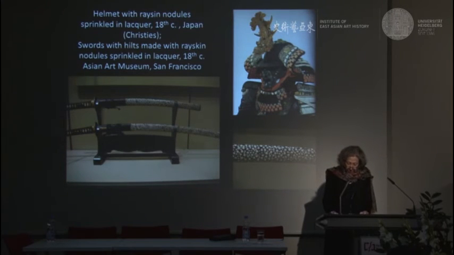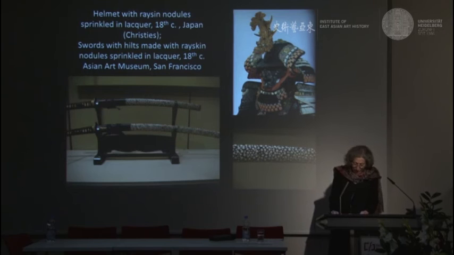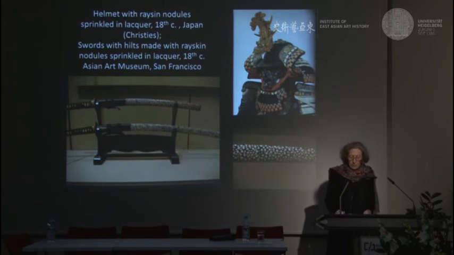Since each sword or dagger hilt could require the use of one ray to create the artificial, distinctive ridged line of dorsal denticles at its center, and members of the warrior elite prided themselves on large collections of weaponry and accessories, there was a huge demand for ray skins throughout the Edo period.